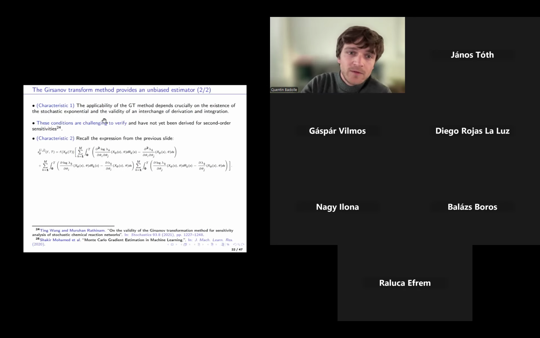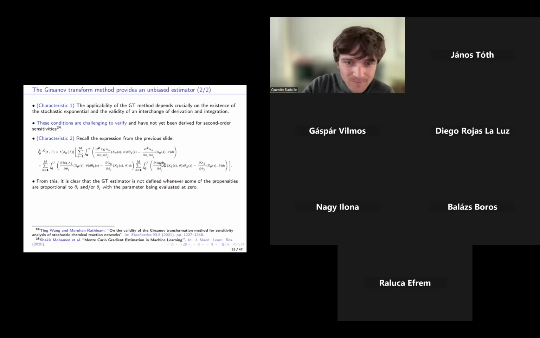Now, to explain the second characteristic, I just printed again the expression from the previous slide. And I mean, it is quite easy to see that if some of the propensities are proportional to theta i or theta j, and the parameter being evaluated at 0, then the formula itself is just not defined.